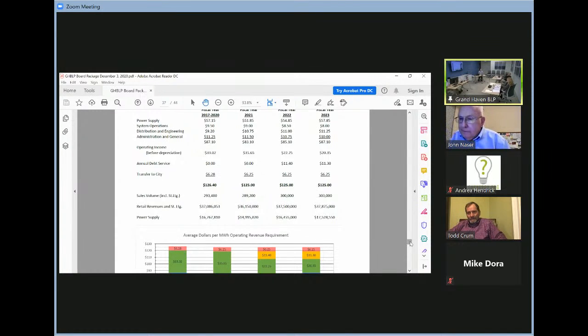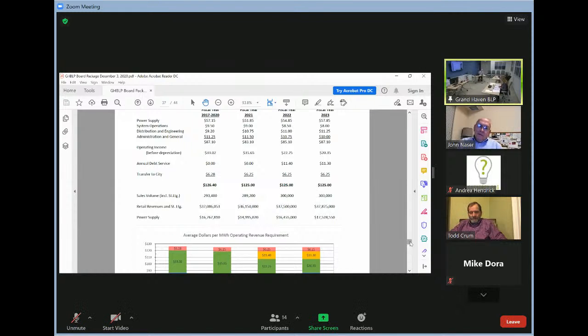So again, this pictorial was not to say these are where our costs are going to be, but it's a pictorial to say, in response to the people that are saying our rates should go down, our rates should do this, our rates should do that, our rates will change next year when we do a cost of service study.